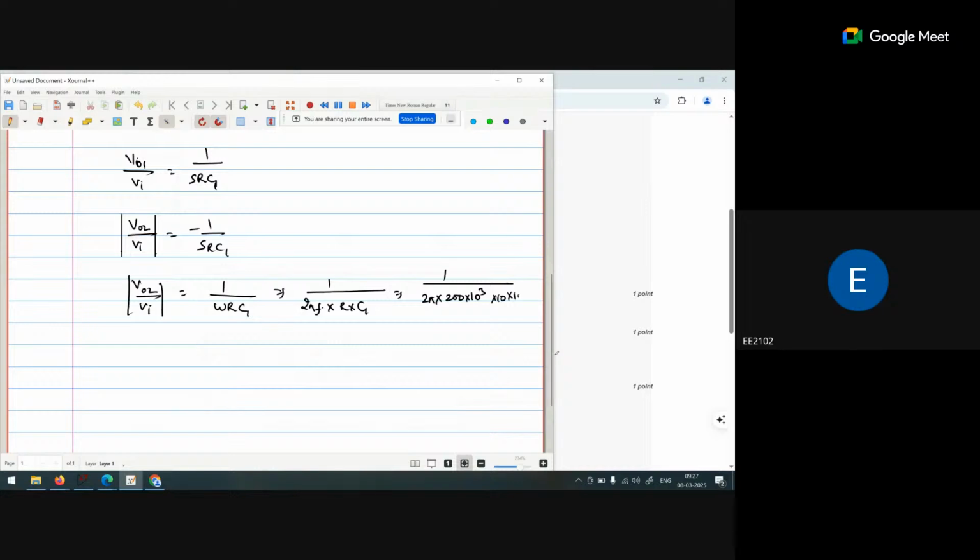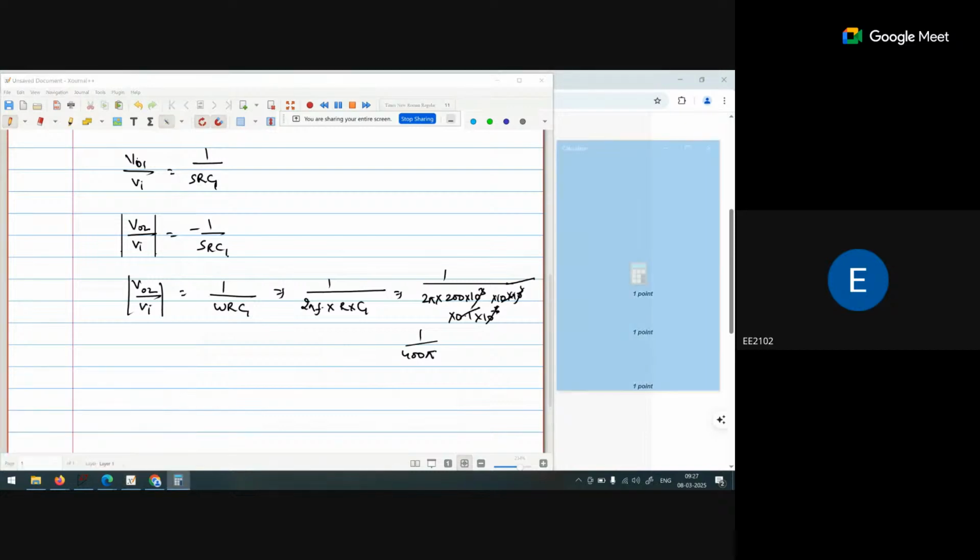So 10 into 10 raised to power 3 into 0.1 into 10 raised to power minus 6; these two are cancelled out. So 1 upon 400 pi.